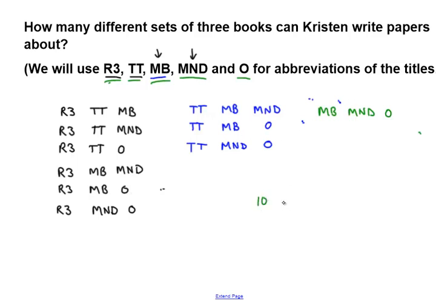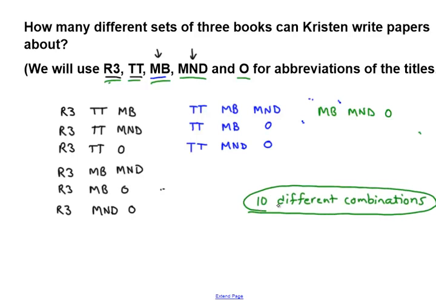So I have 10 different combinations. So you would write up a little statement about what you did and how you did it and your answer. Okay? So that is how you organize your information using a systematic list.